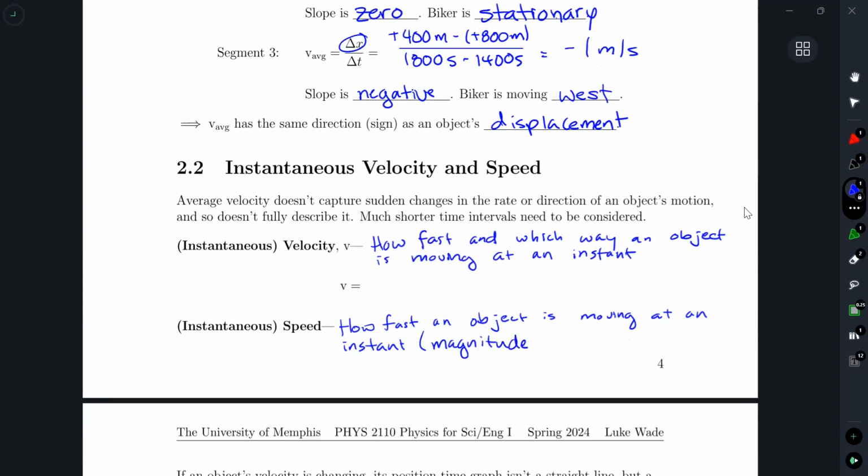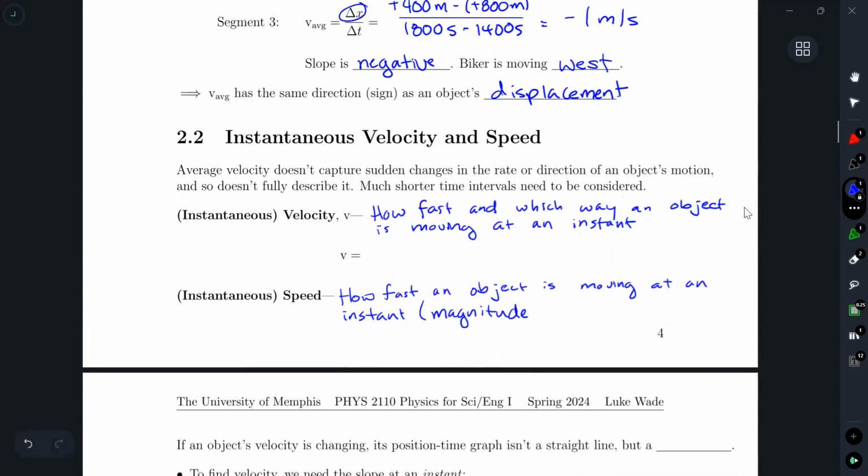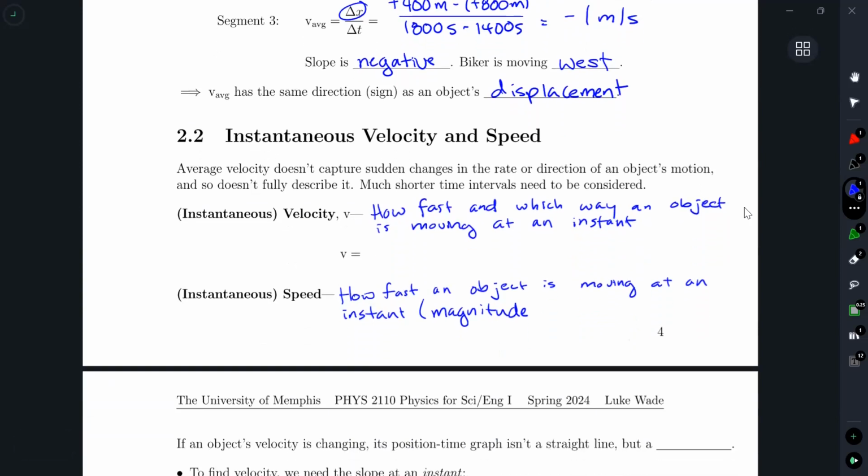It's just the size of it. For the velocity, we'll get like plus 2 meters per second at a certain instant or minus or whatever. If you just take away the sign of that, you're just left with the number. That is the instantaneous speed. So the magnitude of velocity.